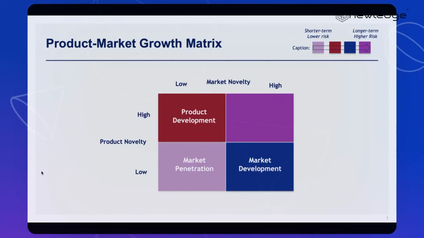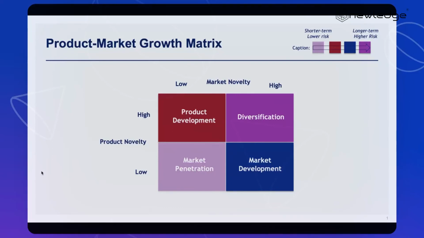Product development: new products for existing markets that are familiar to us. For example, we've already stepped out into this market. It likely includes our current customer base. Then we've got diversification: new products and new markets.